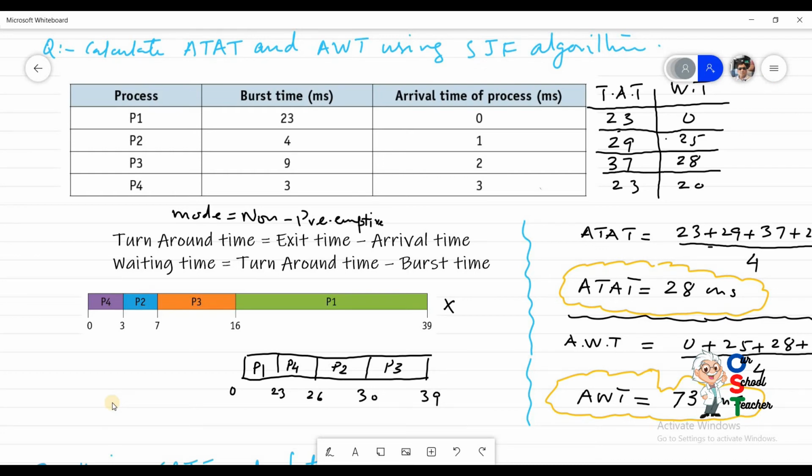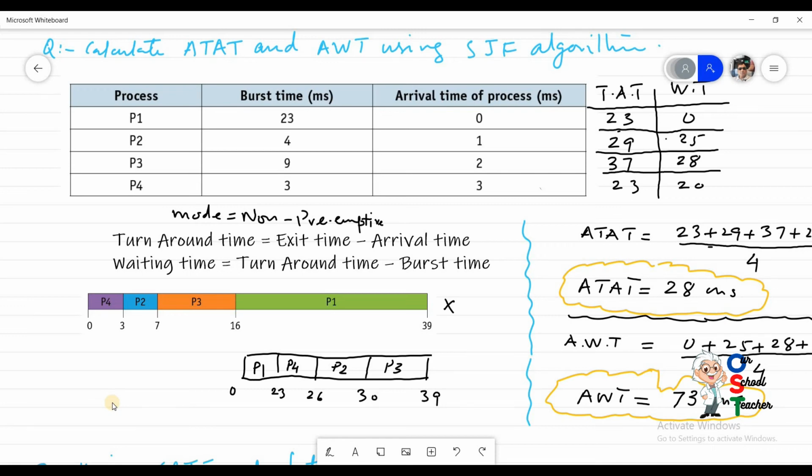Now, the mode which is being used here is non-preemptive. Non-preemptive means that until the job is complete, other processes cannot take CPU time. So in this case, the first process will take its whole time to complete, and by that time other processes will have come in the queue.